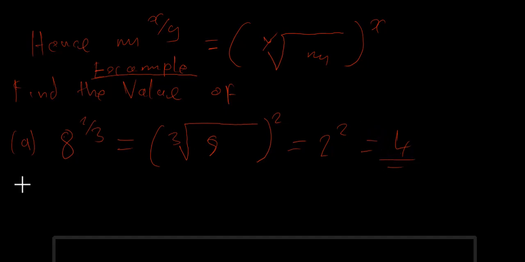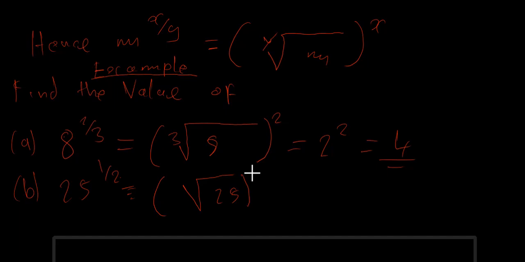Then question B says 25 to the power 1 over 2. This one will be straightforward. Since we are finding the square root, there is no need of putting a 2 here.